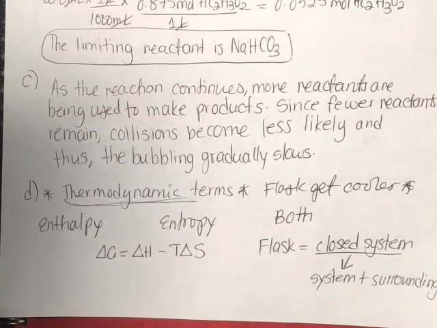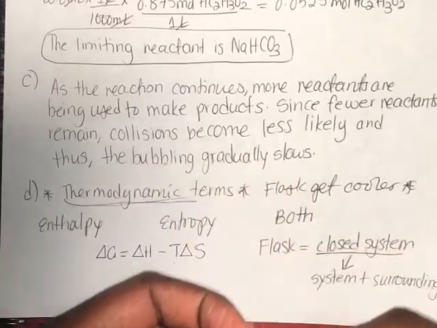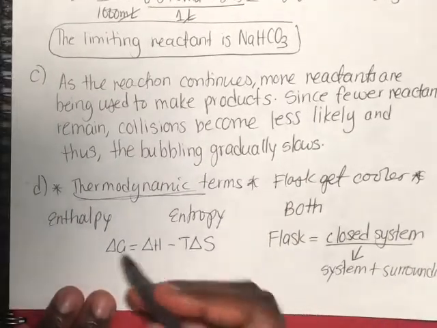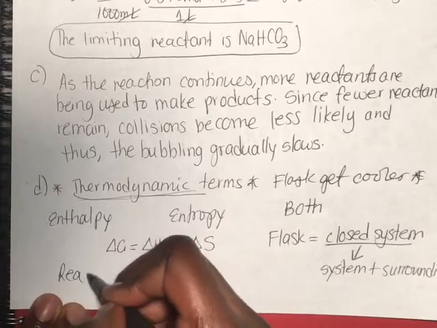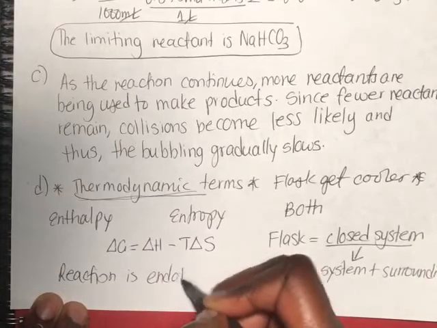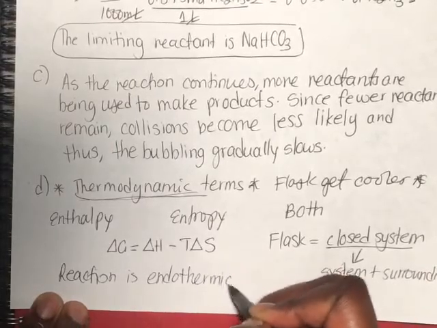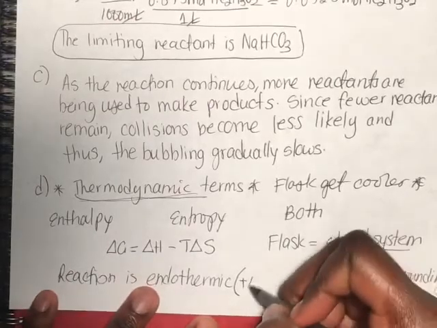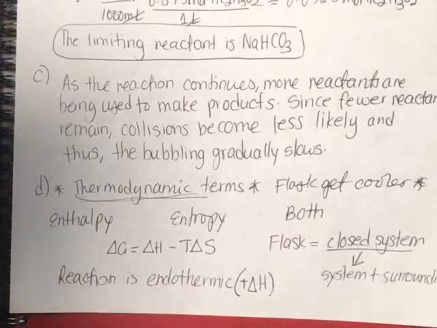In this case, the system would be the reaction and the surroundings would be the flask. So if the flask is getting cooler, that means the heat is going into the reaction. And if it's going into the reaction, that means the reaction is endothermic.